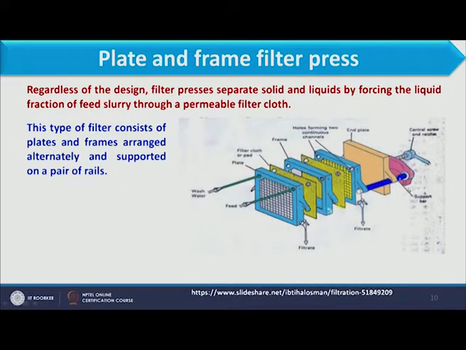All these are arranged on the supporting bar, and in the plate, nozzles are arranged, and through these the filtrate exits. The feed enters from one corner, and as the plate is solid, metal throughout, obviously the feed will not enter into it; it will pass to the filter media.